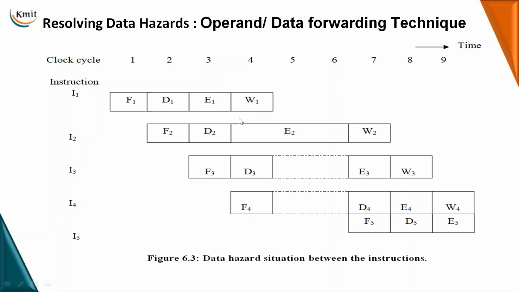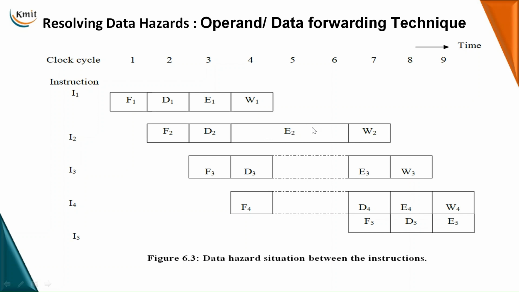That is forwarded as an input to the execution unit of instruction I2, so that the data required by I2, which is an output of the previous instruction, is directly forwarded to the execute unit of your next stage, so that the delay can be reduced to some extent or eliminated.